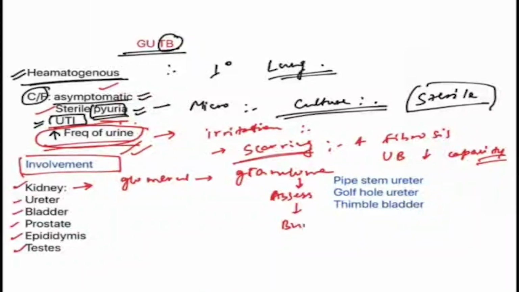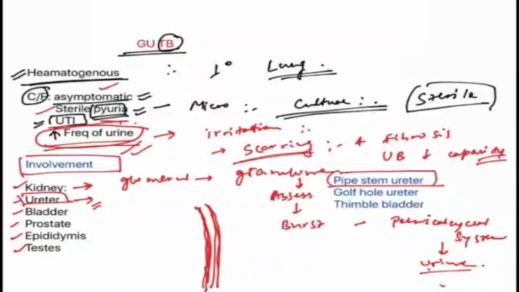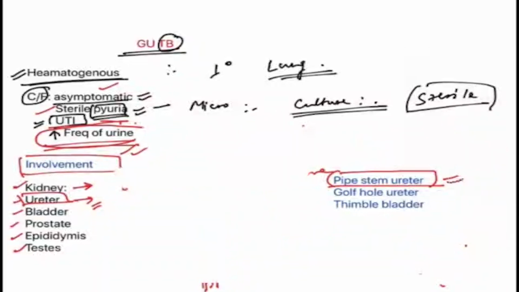Then these form the abscess and they burst in the pelvicalyceal system. From this the urine is infected and then they reach the ureter. So the same pathology then involves the ureter. Then if this is the ureter, the whole of this ureter gets fibrosed and thickened, and this is known as pipe stem ureter.